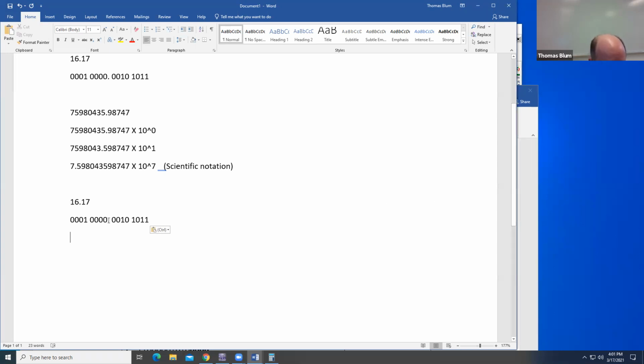Now I want to move this dot so that the first non-zero digit comes first and then the dot. Forget those, that's what we're trying to get rid of. Here is the dot now, and the dot moved 4 places. And so I multiply by 2 raised to the 4. Okay, so this is the new game. This is just the same game as scientific notation, but adapted to binary.